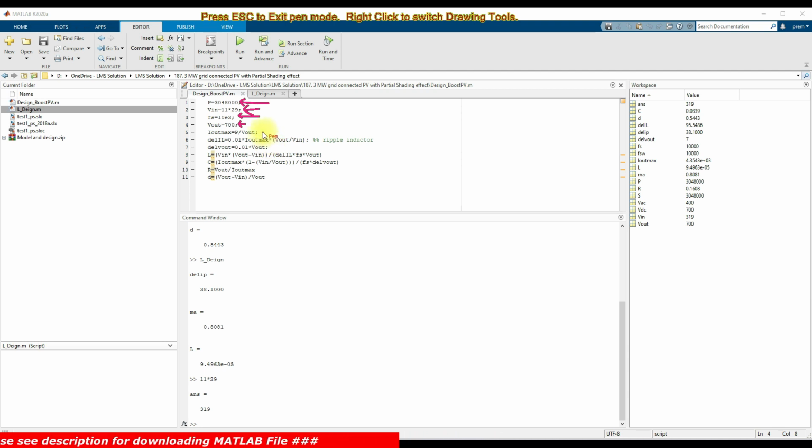From that we have to calculate IOT max. This is for calculating the ripple inductor current, and this is used for calculating the ripple capacitor voltage. Based upon this detail, we are going to calculate L and C, and also the duty cycle and load resistance.